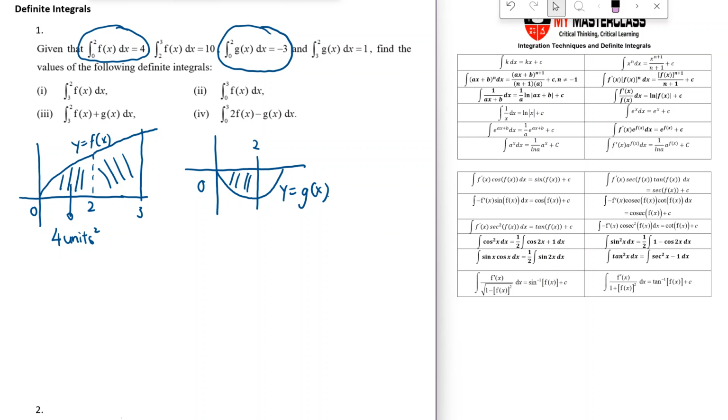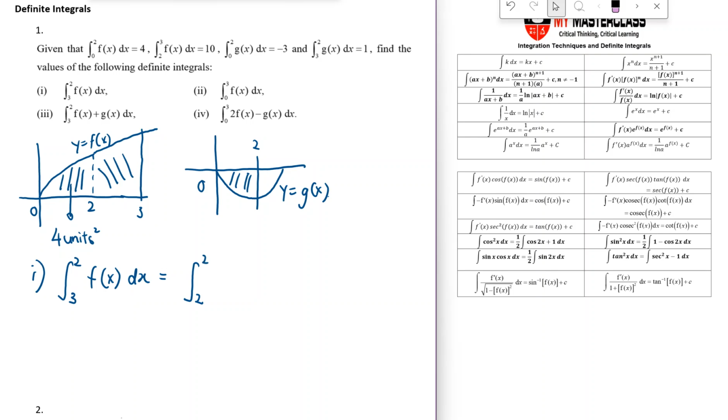You are given these 4 expressions over here: the integral from 0 to 2 and the integral from 2 to 3 for f(x), the integral from 0 to 2 for g(x), and 3 to 2 instead. In part 1, when we integrate from 3 to 2, you see that the lower limit is greater than the upper limit. It is always good to change it such that the upper limit is greater than the lower limit.